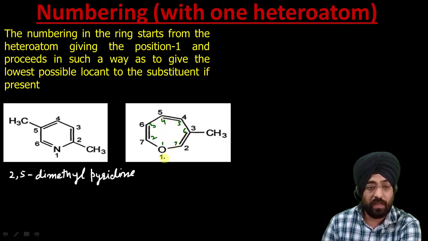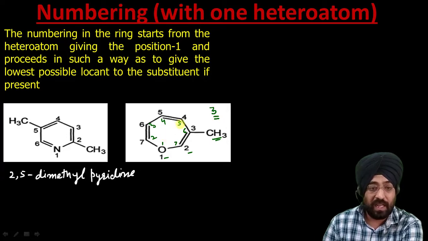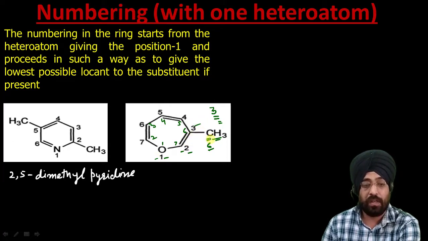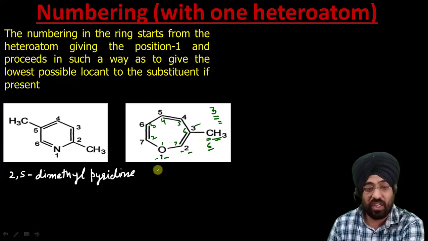Now if we do the numbering with these black letters, then this substituent gets locant position 3. If we do it by the green letters that I have done, then its position will be 6. So 3 is less than 6. So this numbering with the black letters is correct, because this substituent is getting the lowest possible locant. So what will be its name? 3-methyl.